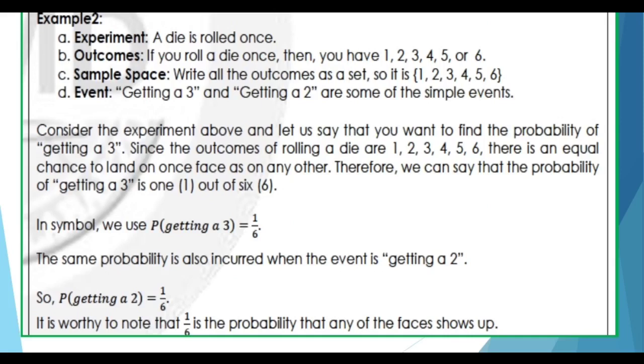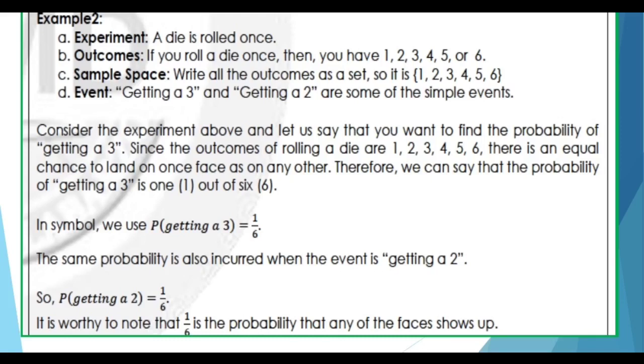Since you're asking for the probability of getting a 2, and a die has 6 numbers, out of the 6 you have 2 that you want to get. So the probability will be 2 over 6.